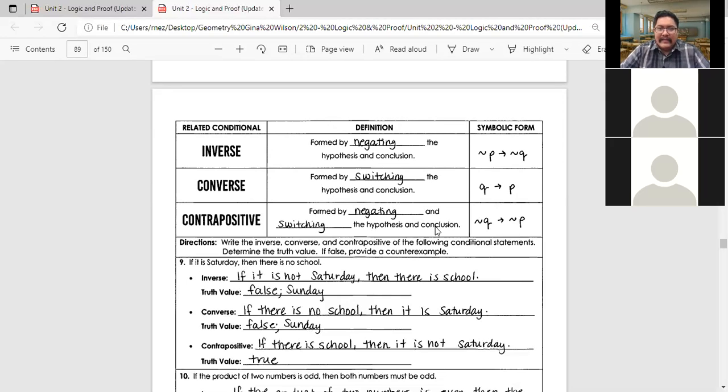Okay. So this one is just adding the word not. This is reversing the order. And this one here is negating and switching the hypothesis and the conclusion, so that one would be both of them. In this case, that would be: not rodents are not squirrels.